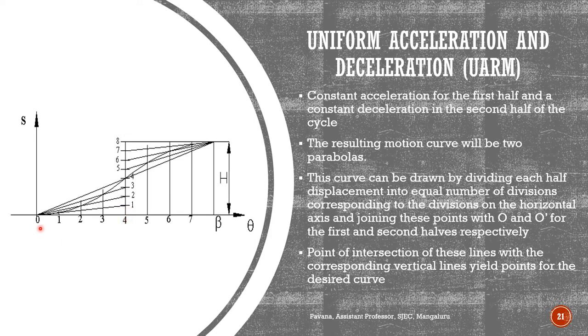How much you divide in the horizontal line, the same number of parts you have to divide in the vertical line, and the first half of the points are joined to the initial O, and the remaining half of the points are joined to the end point. Okay, so this is how you will get the intersection points of the vertical lines and the horizontal lines. Those intersection points are used to draw the curve.